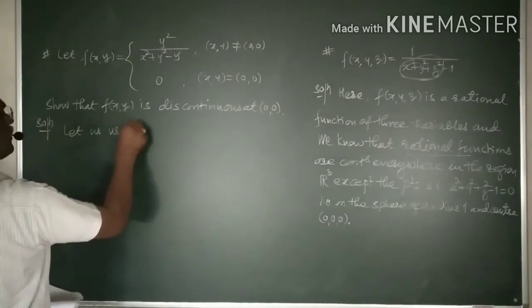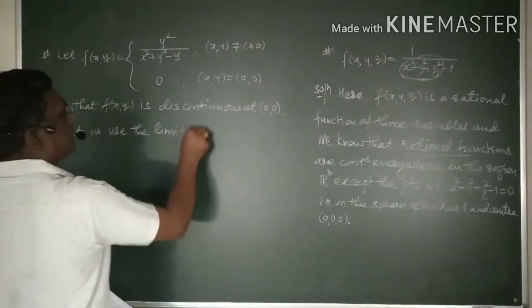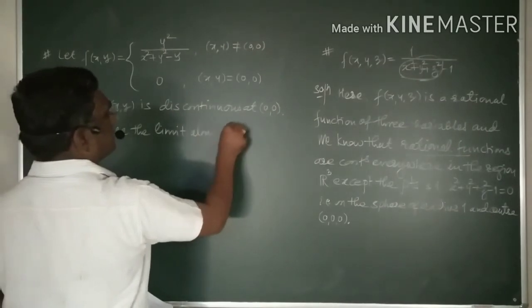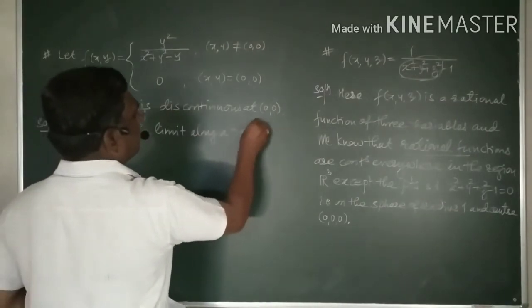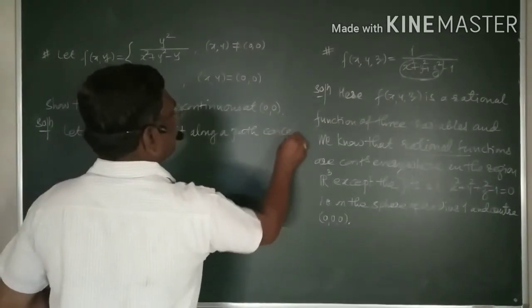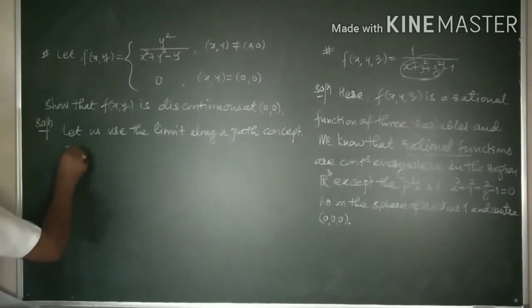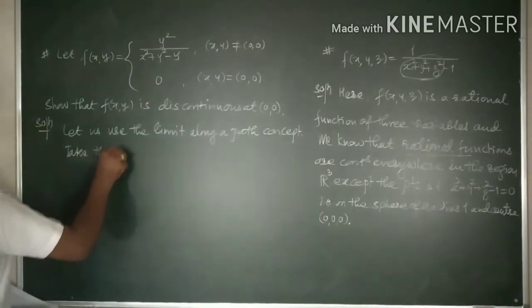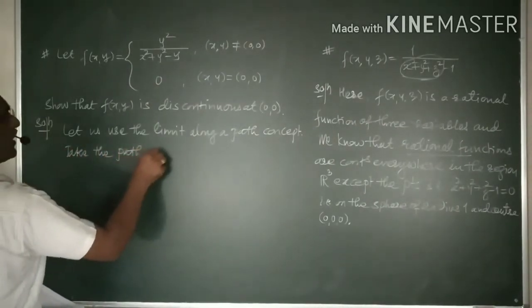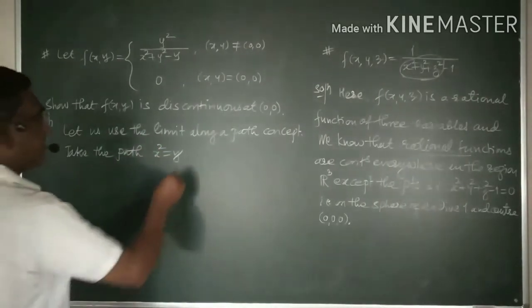Therefore, let us use the limit along a path concept. Take the path x square is equal to y. Let me take this as a path.